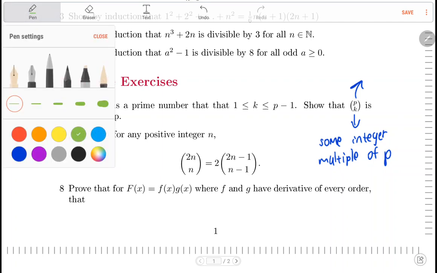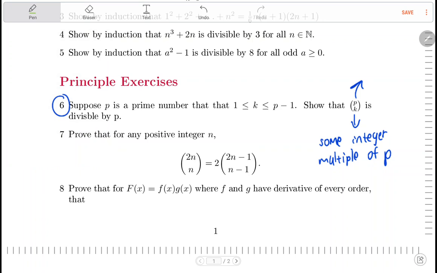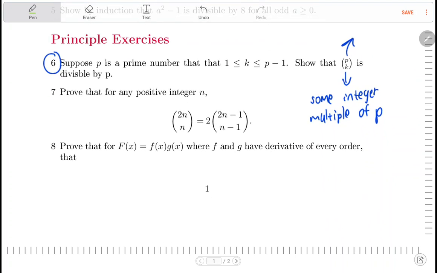Next, for number 7, it says prove that for any positive integer n, 2n choose n equals 2 multiplied by 2n minus 1 choose n minus 1. So the hint here will be, just look at your right hand side and write out what it equals.